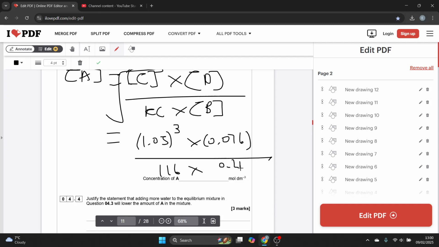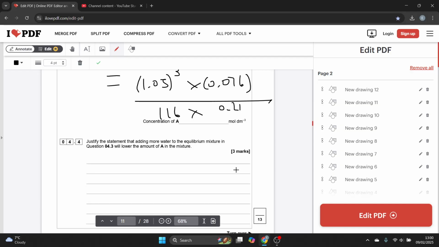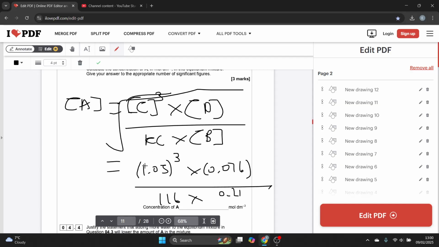The volumes will cancel out anyway. What's that? 0.21. And then square root my answer, obviously. No. Okay, wait. I've done something wrong clearly.